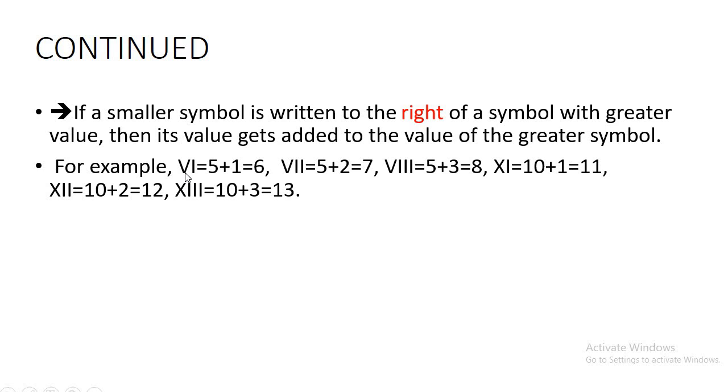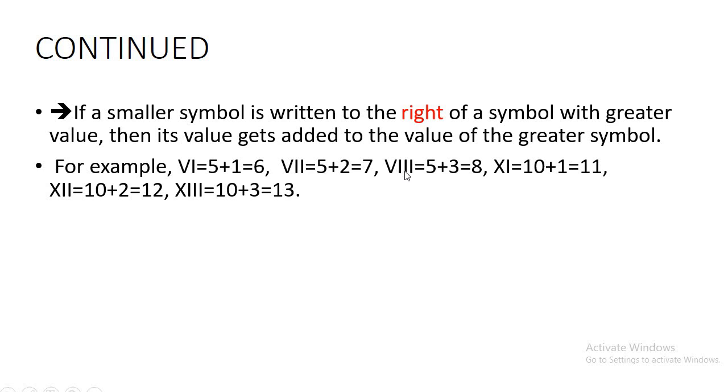So V represents 5, I represents 1, so 5 plus 1 gives you 6. Similarly, VII represents 7, V represents 5, 2 I's represent 2. So both the I's are present to the right of the larger symbol, so their values are added.